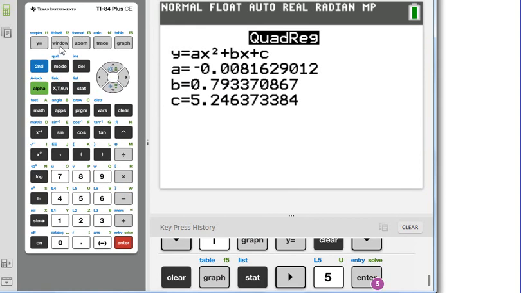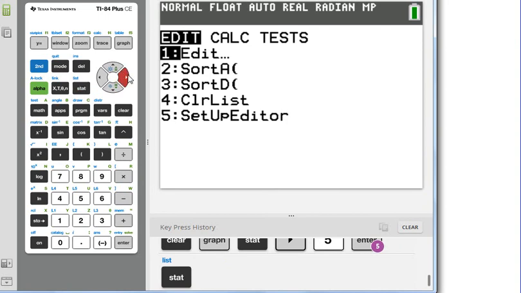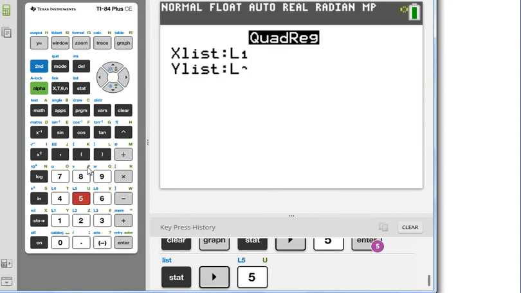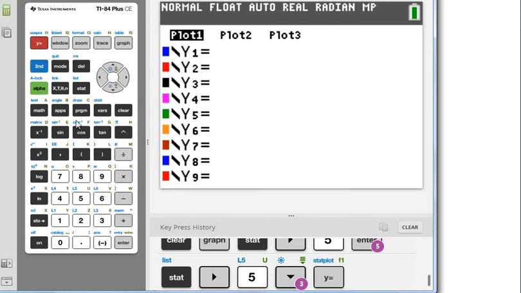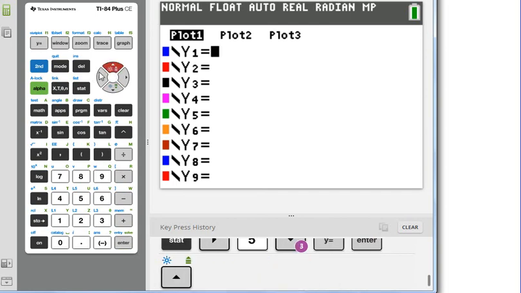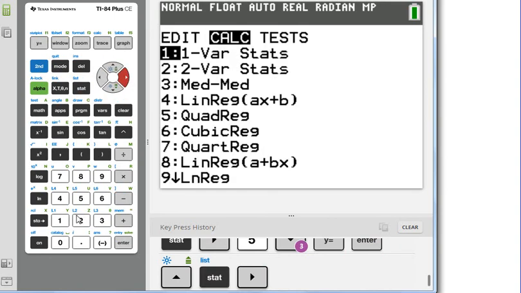We can take care of that in one way I haven't shown you yet. If we go to stat calc 5, we can go down here to store regression equation, and we could put y1 right here. Let's see if I can do that. Stat calc 5.